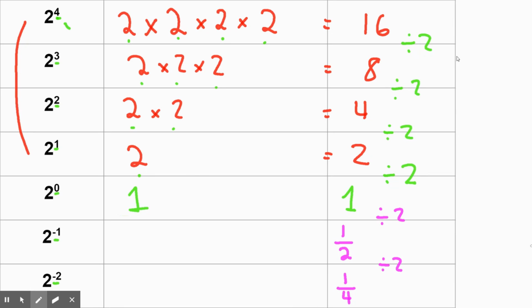And I'm not going to go any further than that, but I'm willing to bet if you kept going, you'd start seeing another pattern. And there is something that you can actually do with your expanded form here as well. I'm not going to go into great detail with it, but I imagine, looking at that, you'll be able to figure out what the pattern is and what a negative exponent actually does to a base.